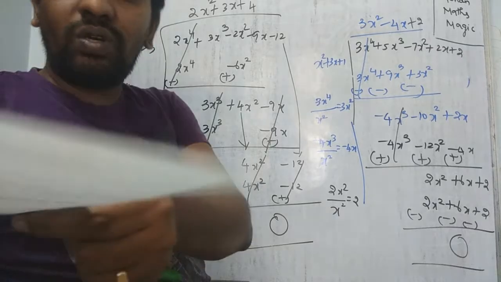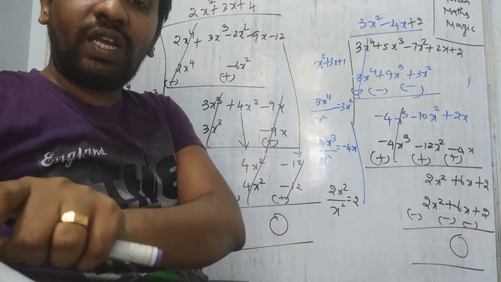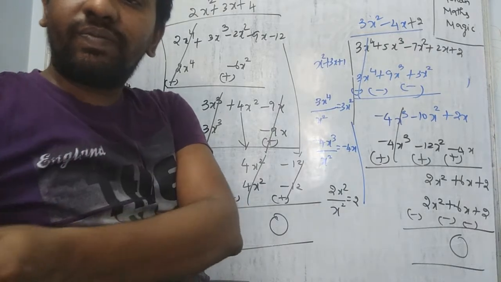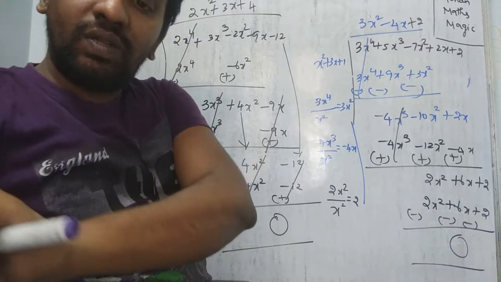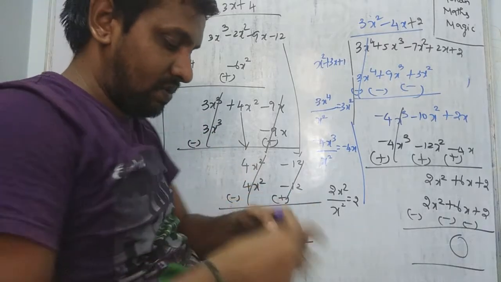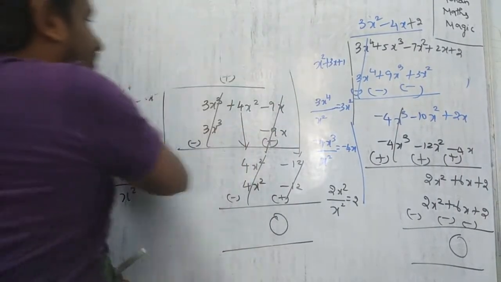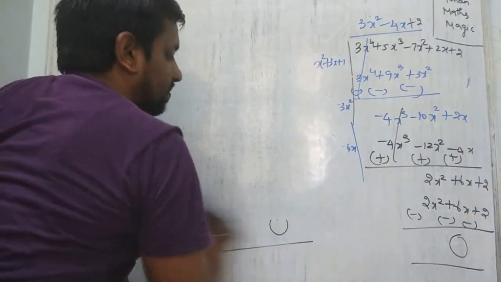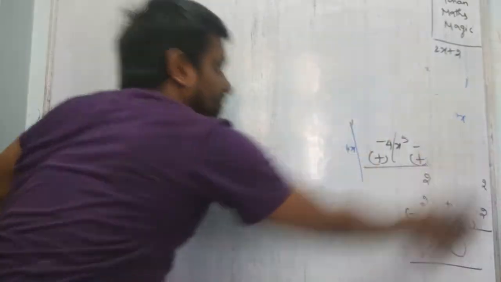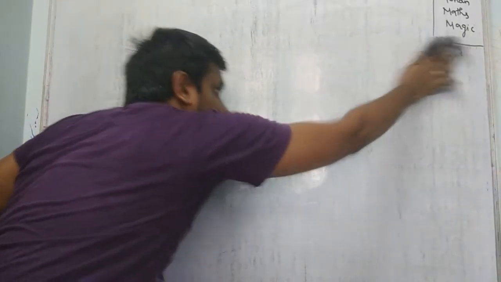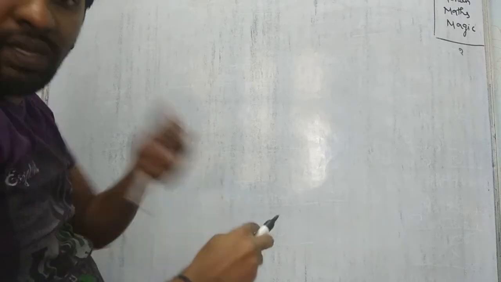Okay. Second Roman, third sum. Yes, it is a factor. Now next.